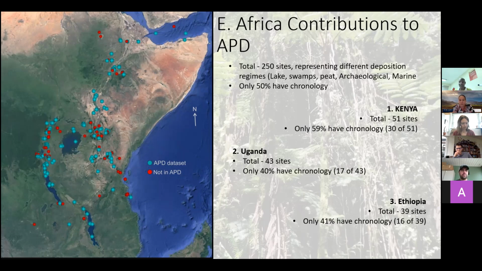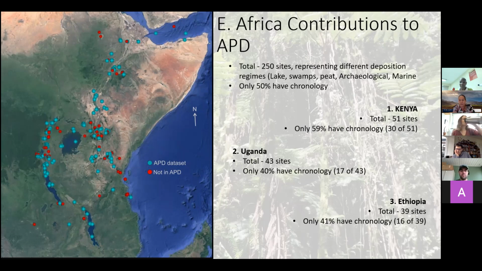It's a call to all those who have such datasets to upload them to the APD, because it presents a good opportunity to compare what has been happening on a regional scale in these countries.